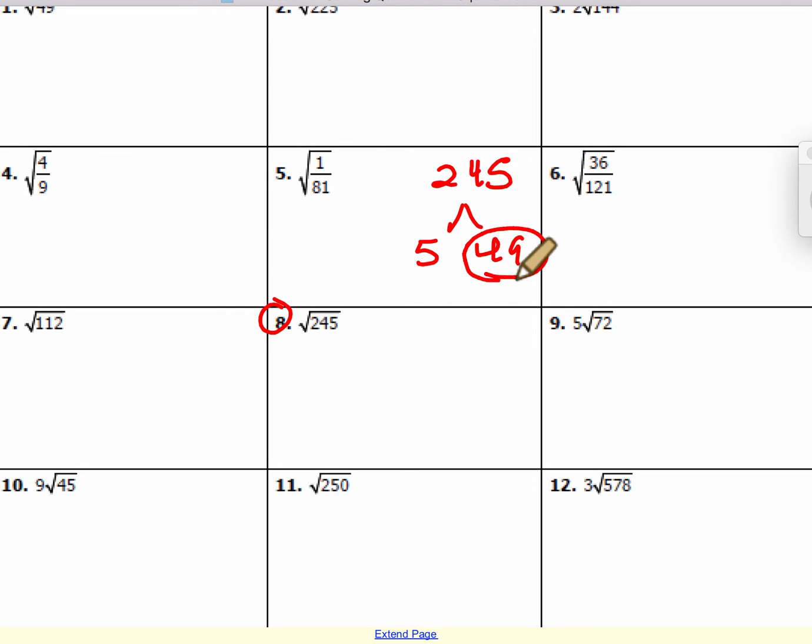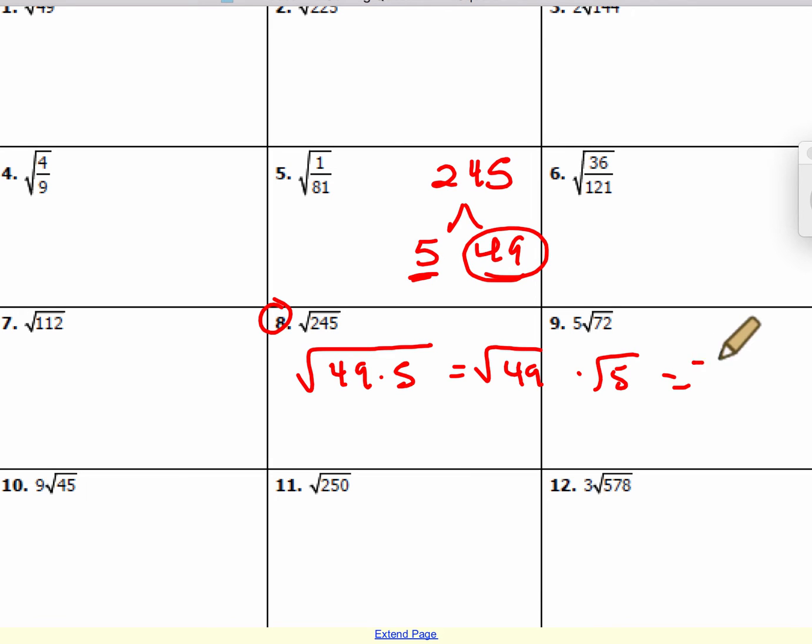As soon as I see I have that perfect square, and my other factor is not a perfect square and can't be broken down anymore, I know that this is really the square root of 49 times 5. The square root of 49 times the square root of 5 is how we can break it down, which means the square root of 49 is 7. The square root of 5 is just the square root of 5. And there's our simplified version.